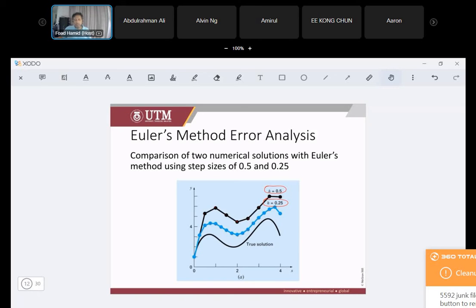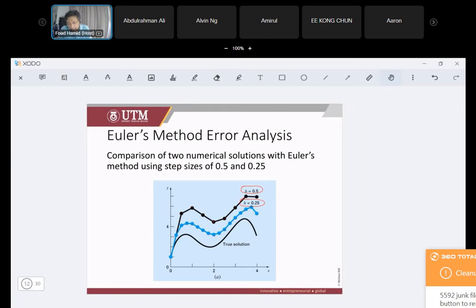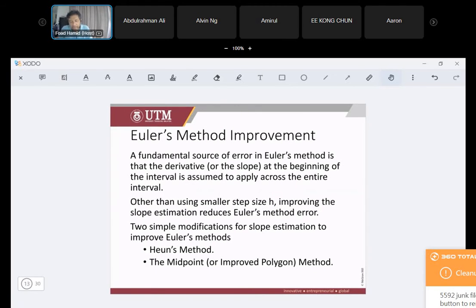So now the next thing to do is what is the improvement? We started with the very crude approximation, which is just using Euler's method. So there are other ways. A fundamental source of error in Euler's method is that the derivative or the slope at the beginning of the interval is assumed to apply across the entire interval.